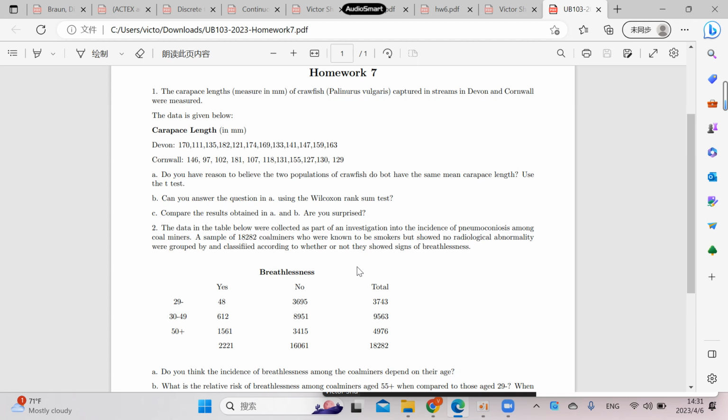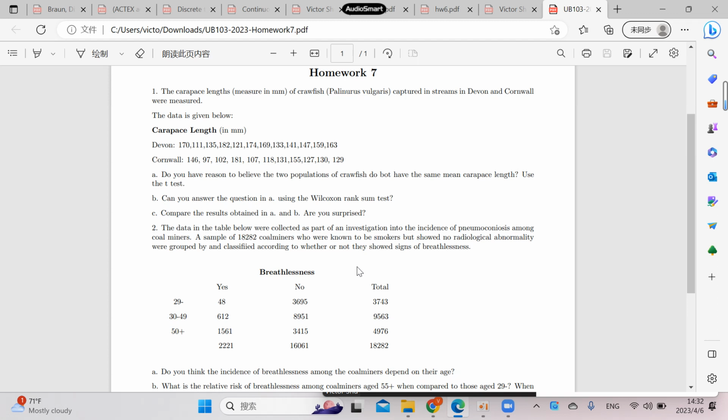Here the lowest should be 97, which is in Cornwall, and the highest is 182, I think, in Devon. So basically you just rank them from the lowest to the highest, and you mark them with their rank, 1, 2, 3, 4, all the way to 23.